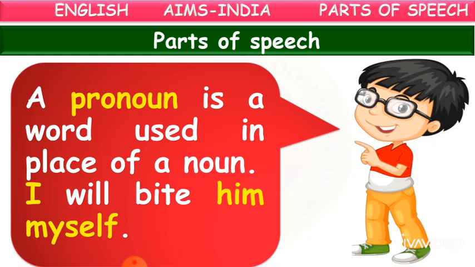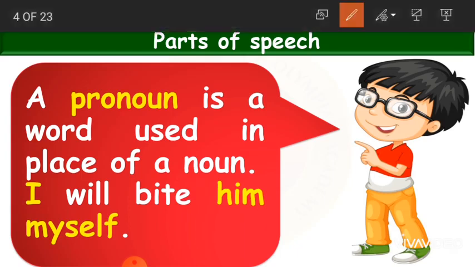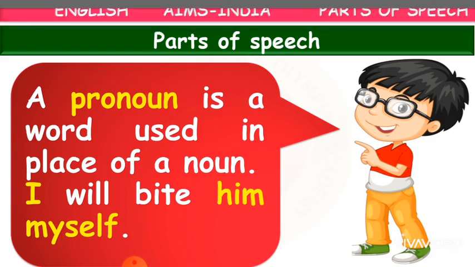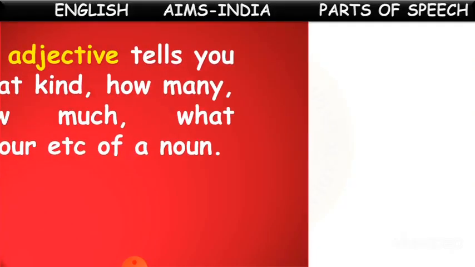Instead of myself, we can use herself. She will bite Sharath herself. So I, him, myself, we are using these words instead of nouns. These 3 words are pronouns. Yes or no children? Understood? Now we'll go to the next part of speech.